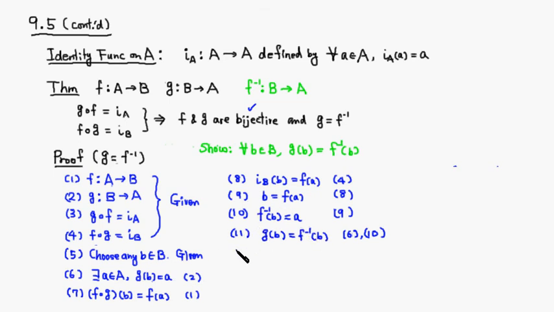Then therefore, line number 12, we know that g is the same function as f inverse. So I'm using line 5 and line 11. This will establish that g is equal to f inverse. That's it. I hope that this was clear.